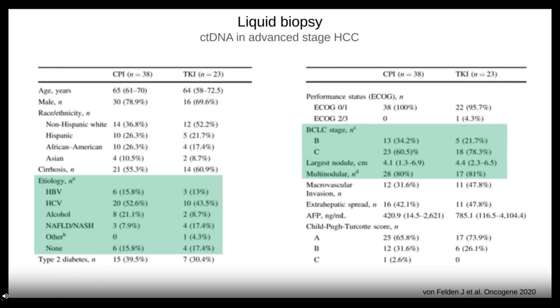We also had patients with extrahepatic spread in almost half of the two cohorts, with a median AFP of 420 in one case and 785 in the other, all above 400, which is the cutoff used to identify patients with aggressive tumors. So in summary, we're dealing with a cohort of patients with advanced, aggressive tumors that are relatively difficult to treat.